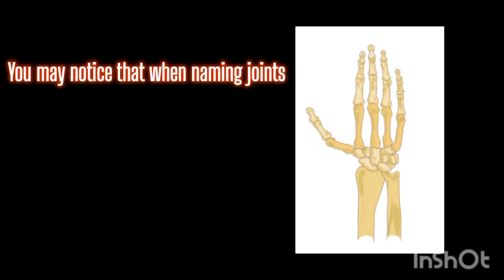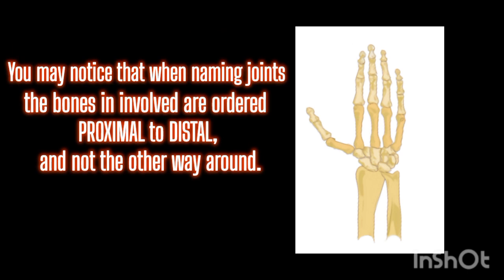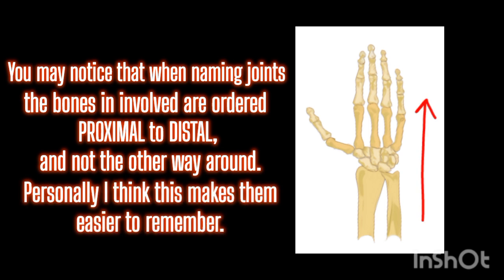You may notice that when naming joints, the bones involved are ordered proximal to distal and not the other way around. Personally, I think this makes them easier to remember.